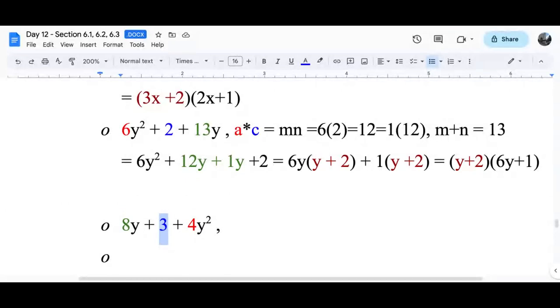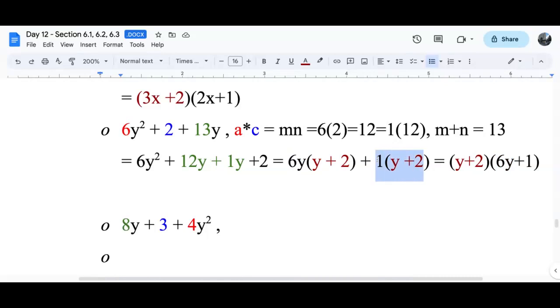Why did the 6y come? Where did the 6y come from? Let's see where the 6y comes from. Okay, y plus 2 is a common factor, right? So when I factor out y plus 2 for the first term, what's left? Do you see the 6y left? So I put 6y here.